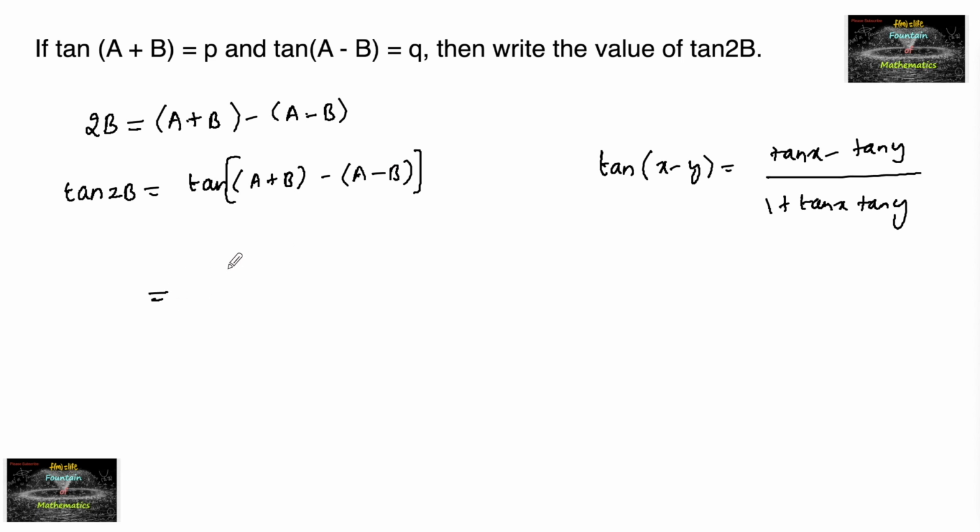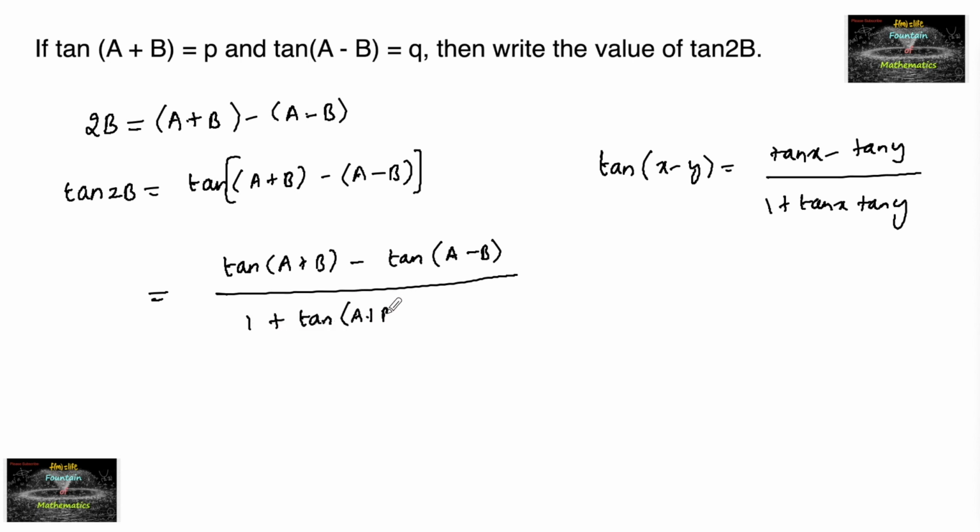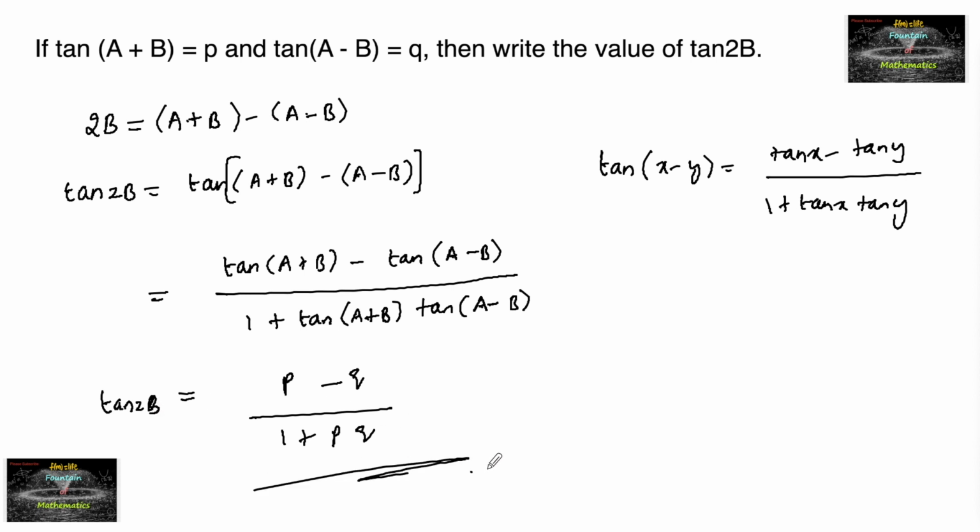So this can be written as tan of (a plus b) minus tan of (a minus b) upon 1 plus tan of (a plus b) into tan of (a minus b), right? And it is given tan of (a plus b) is p and tan of (a minus b) is q. So p minus q upon 1 plus p into q. So we can give the tan 2b value as p minus q upon 1 plus pq. Okay, thank you.